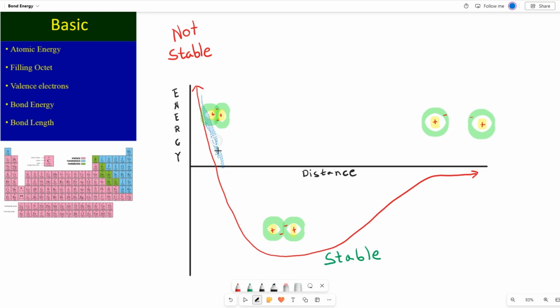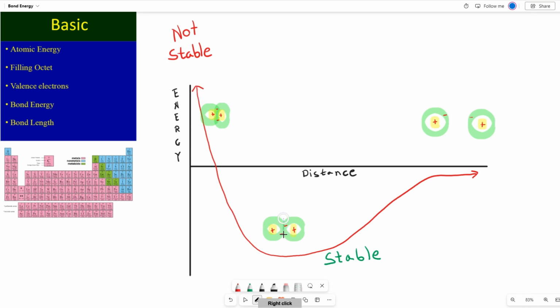These atoms are very unstable, and it's pretty easy to see why. The nuclei are positively charged, and once you get those two positively charged nuclei near each other, they start to repel each other at an ever increasing rate. Now that they're very close to each other, the protons in those nuclei repel each other quite a bit. That's why you can see the energy going up almost exponentially.